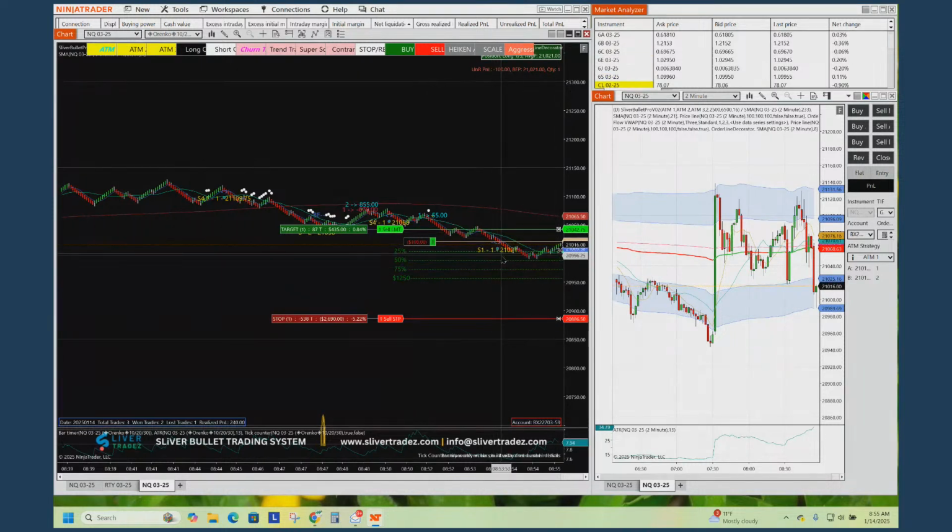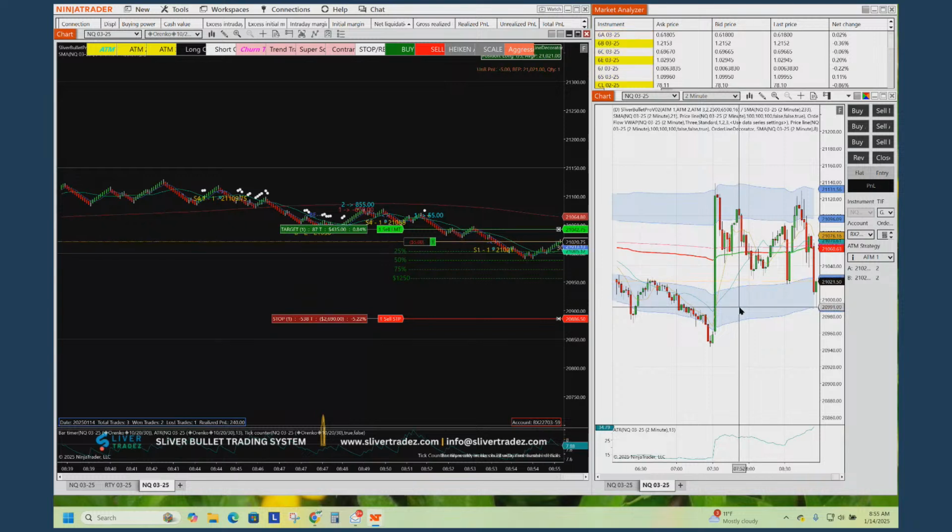So, push up. I think it came to the 2SD level and then it's trying to go back up.